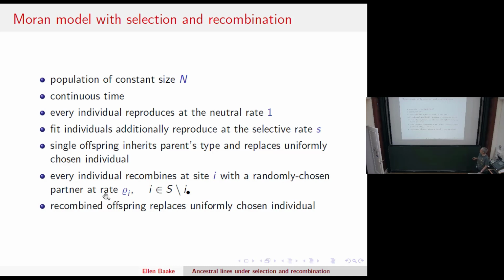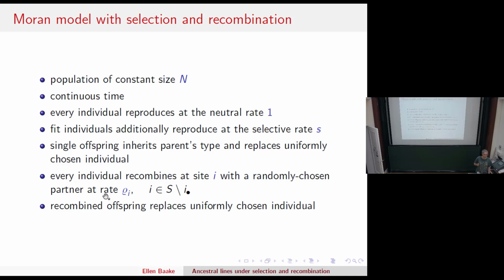So altogether, the bad ones have only the neutral rate, so they reproduce at rate 1, and the good ones have the neutral and the selective rate, so altogether they reproduce at rate 1 plus S, as it's supposed to be. Then when a reproduction event happens, the parent produces a single offspring that inherits the parent's type and replaces a uniformly chosen individual in the population.